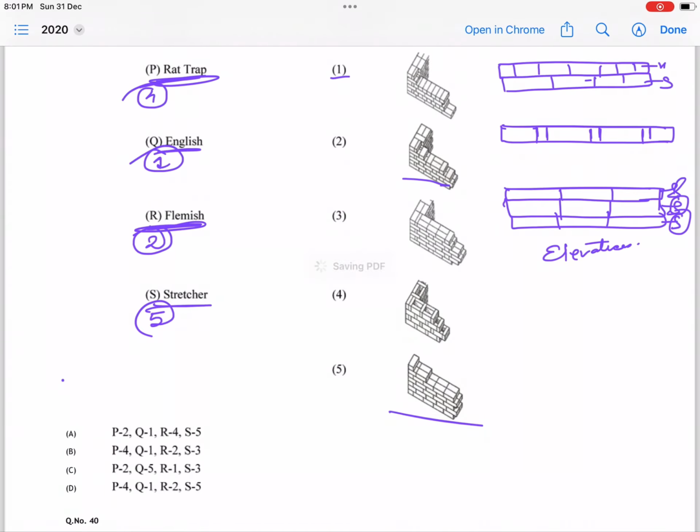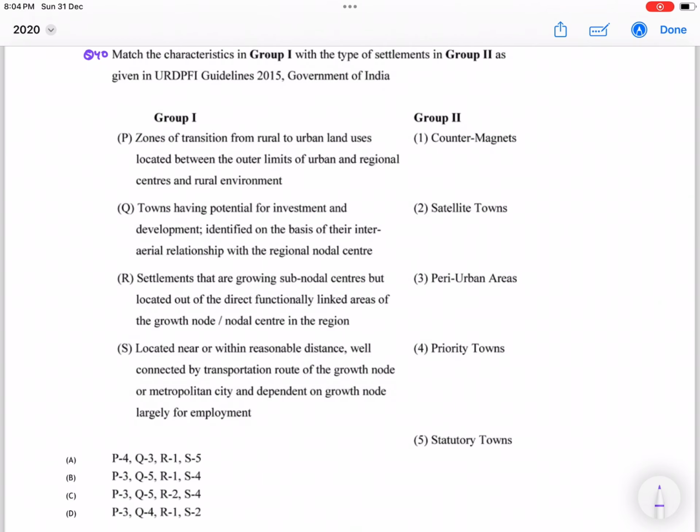Moving on to question number 40. Match the following characteristics in group 1 with the type of settlement in group 2 given in the URDPFI guidelines 2015. So you have to remember this, you have to read this.